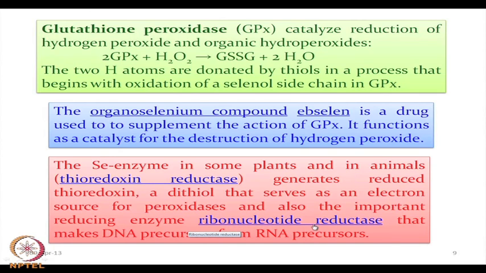The ribonucleotide reductases are reduced for the generation of the DNA precursors from the RNA precursors. So, from the ribonucleotides we go to the deoxyribonucleotides, and the deoxyribonucleotides are incorporated into the corresponding DNA molecules.